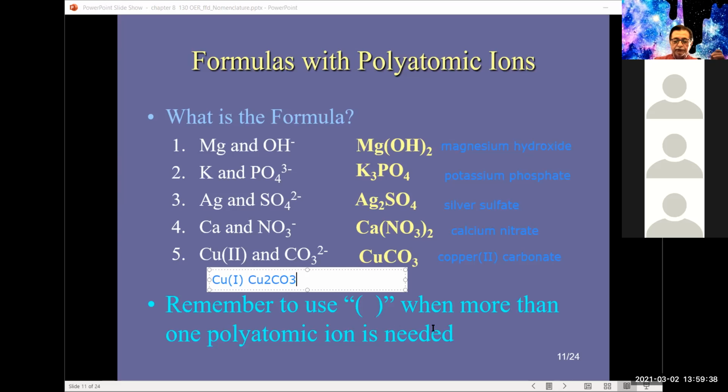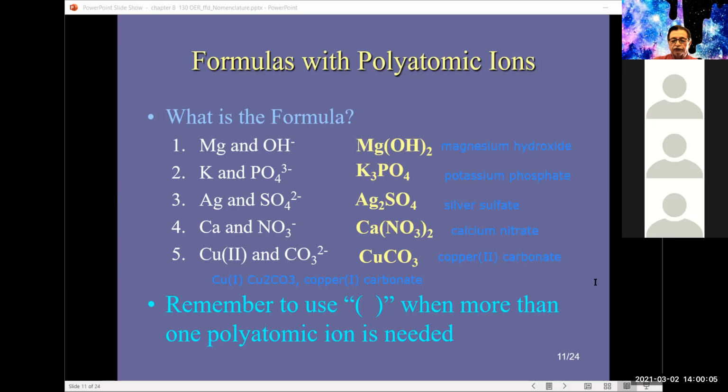Sorry, I can't make the subscript. Okay, so if I was using copper 1, then its name would be copper 1 carbonate. If I was given the copper 1.